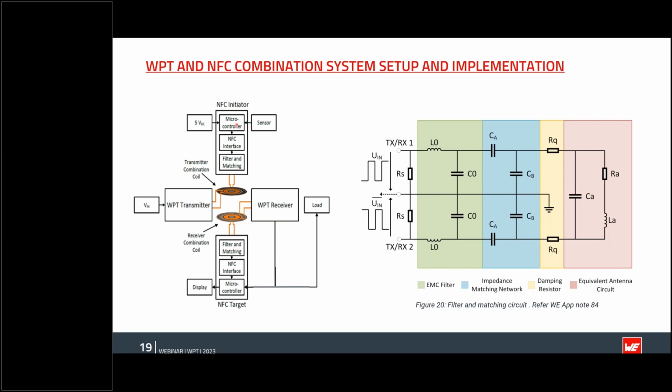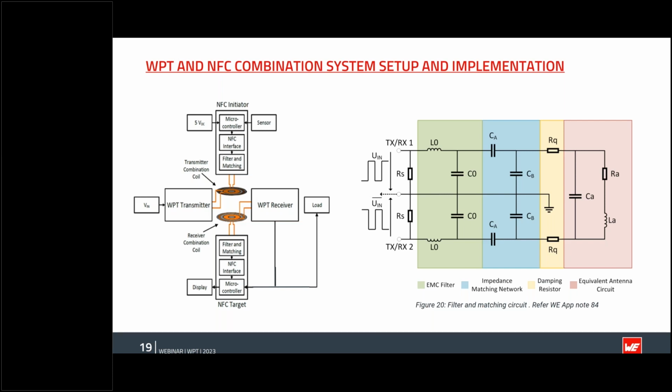And since the output of the NFC interface or the chip of the NFC interface is differential, we made our own differential filter matching network, as you can see in the image here, which has a second order low pass filter, then the capacitive impedance matching network, along with some damping resistors and an equivalent antenna circuit which represents the NFC antenna.